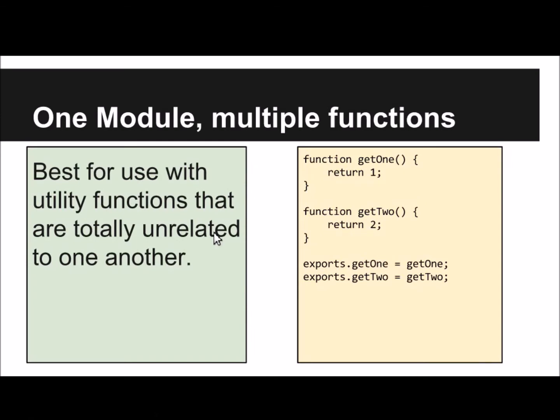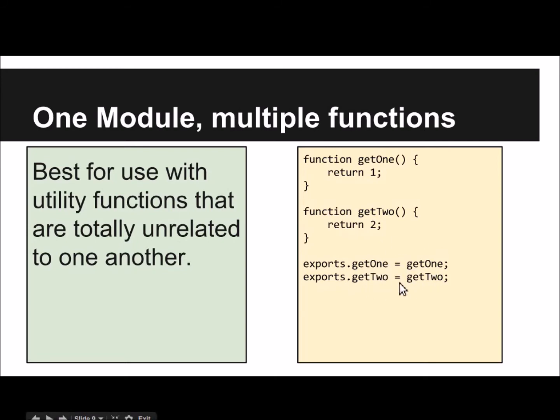Here, now we're back talking about functions again. Best for use with utility functions that are totally unrelated to one another is this syntax. We've got function get1, we've got function get2, and now we can export: exports.get1 equals get1, exports.get2 equals get2.